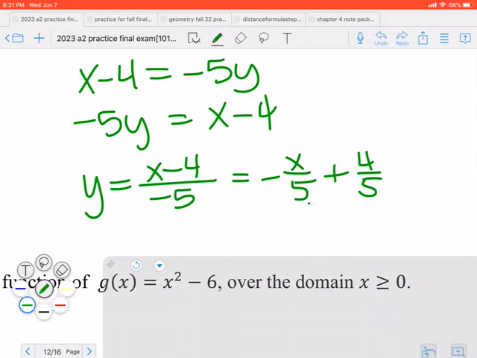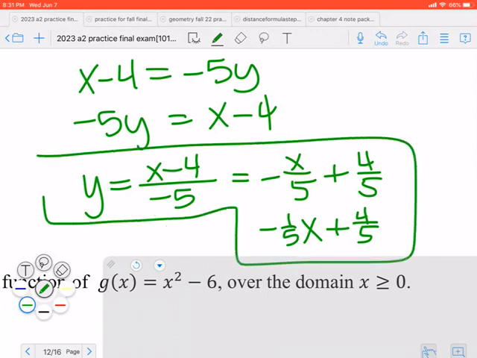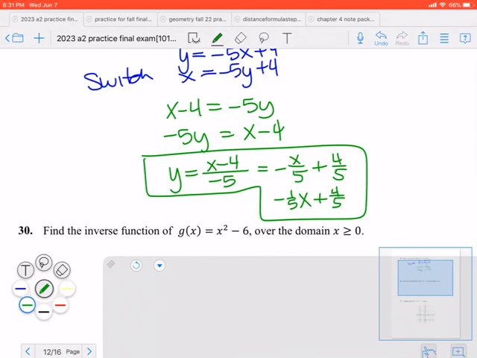Or I guess another way you could write that first one would be negative 1/5 x plus 4/5. So any of these is going to be fine. Probably easiest just to leave it like that one. But it's multiple choice, so you're going to have to be able to recognize different forms of things.